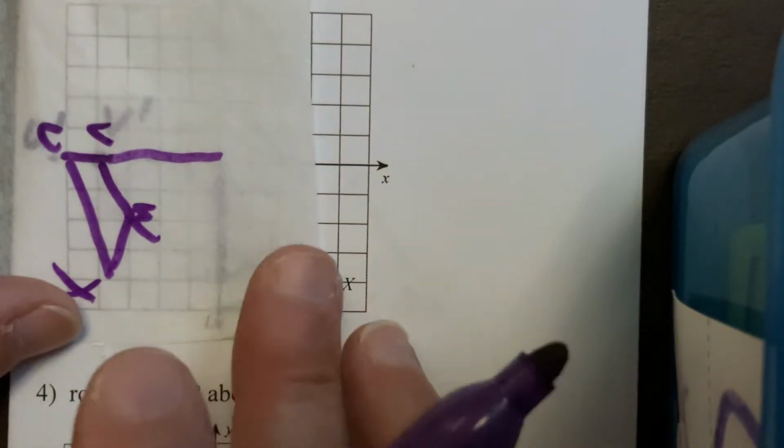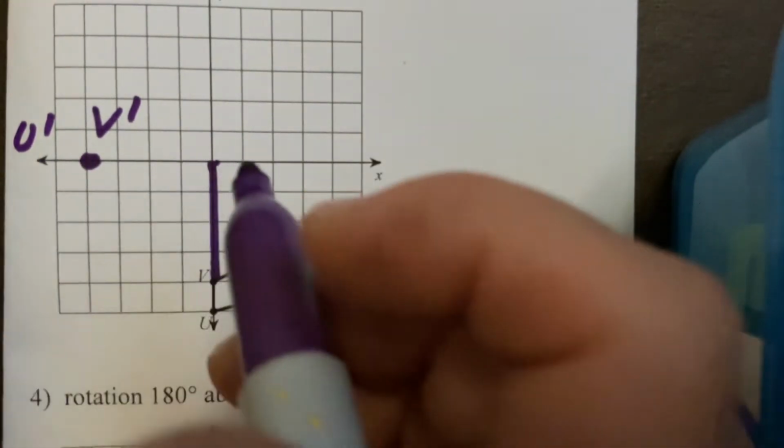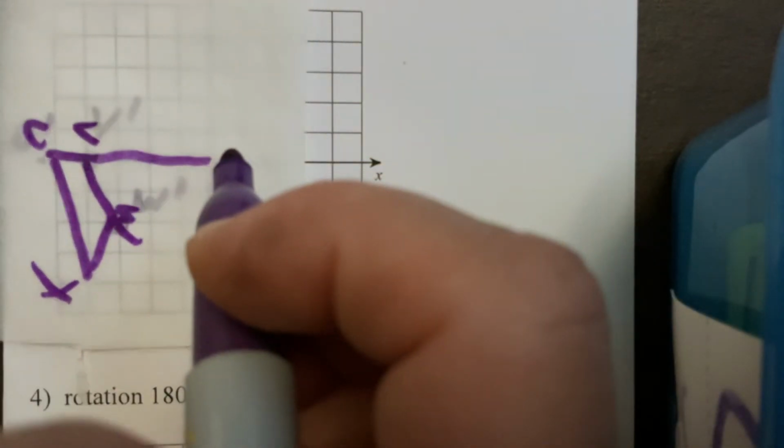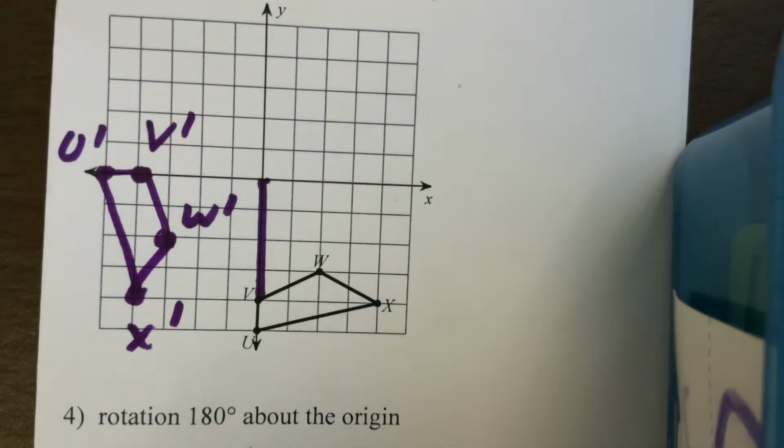So let's see, my V prime, my U prime, W and X. So I made my reference line.